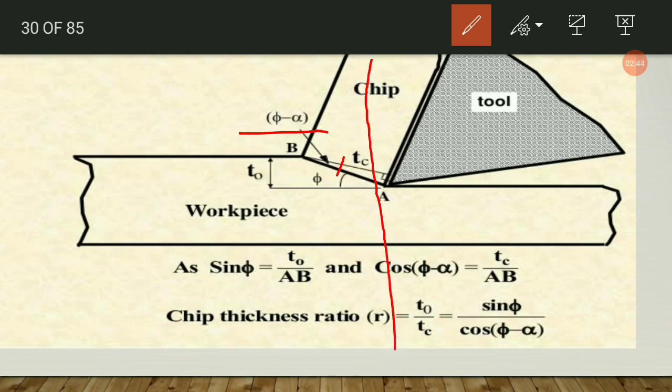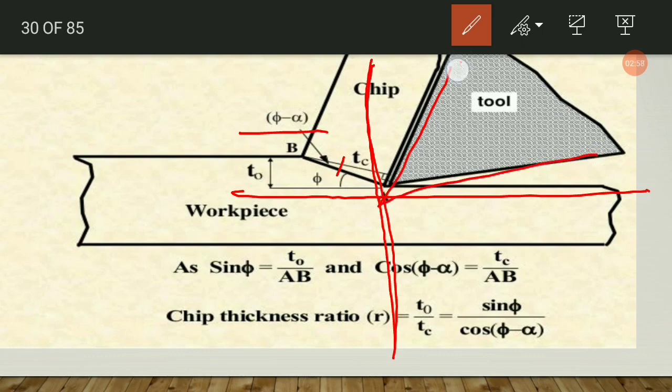Okay, now consider this as a perpendicular line intersecting with this shear plane, and this is your cutting tool, and this is your cutting tool face. Now the cutting tool face is making an angle alpha, this one. Okay, so this will be your rake angle.